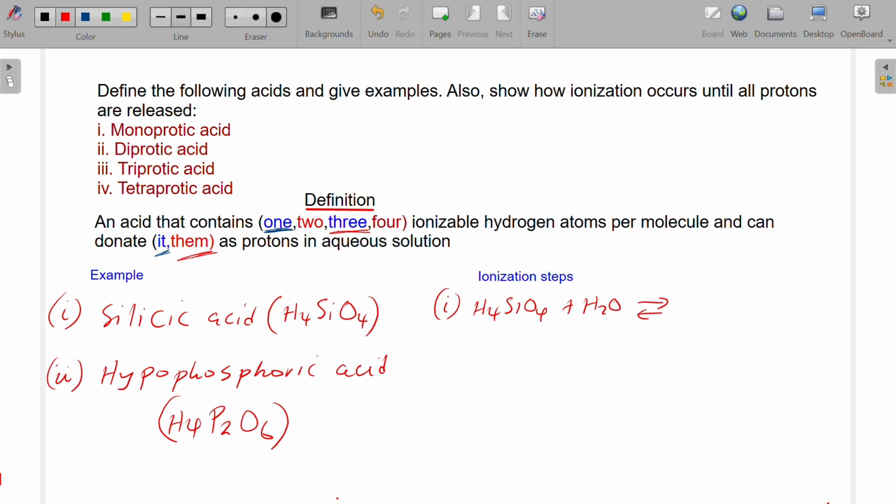And this will give us on the other side hydronium ions as usual. These are positively charged ions. Then what remains there will be H₃SiO₄ with a negative charge.